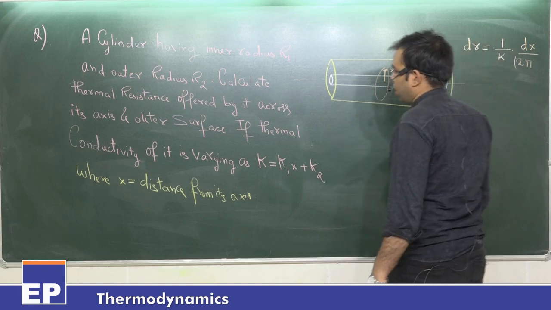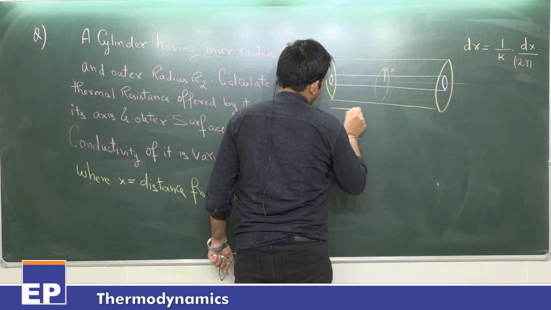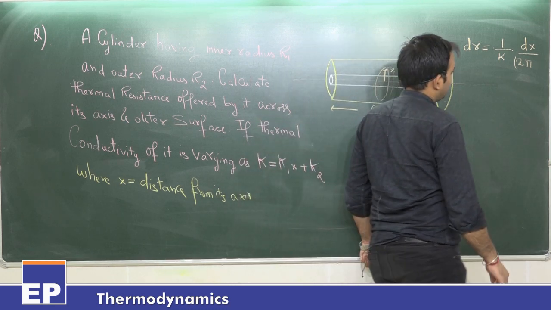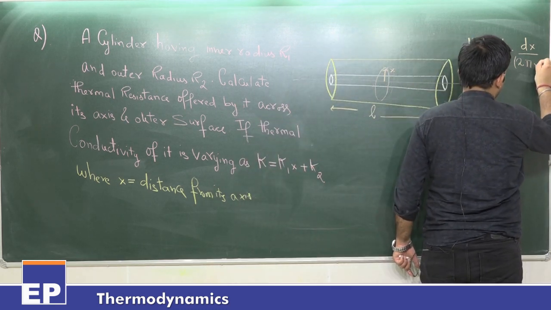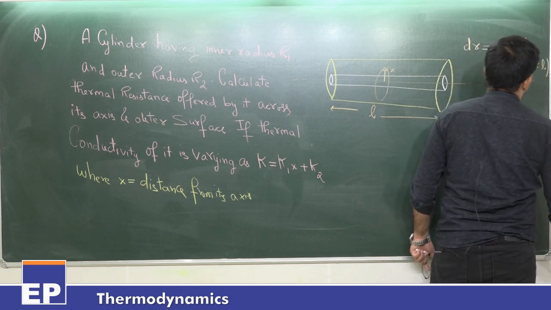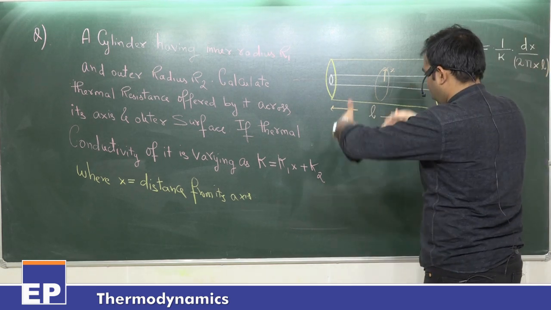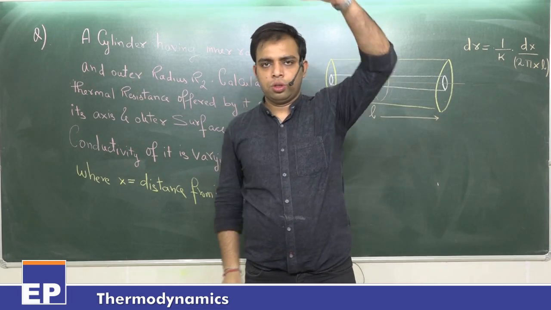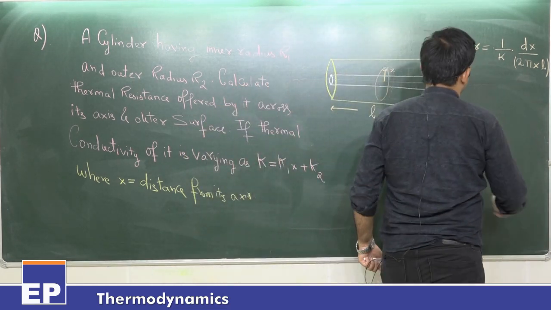तो इसकी लेंथ मान लो L है, सिलेंडर की लेंथ. It is 2 pi x into L. इस एरिया में से फ्लो कर रहा होगा ना, क्रॉस सेक्शनल एरिया, लैटरल एरिया.